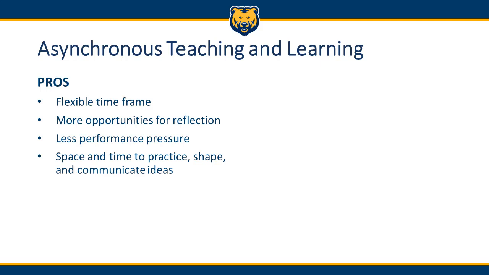An asynchronous model might work really well for some of those students who are less extroverted and who perform really well, but perhaps need a little bit more time to reflect and a little bit less pressure. And so the main pro is that there is space and time in an asynchronous environment for students and teachers also to practice, to shape, and to communicate their ideas.